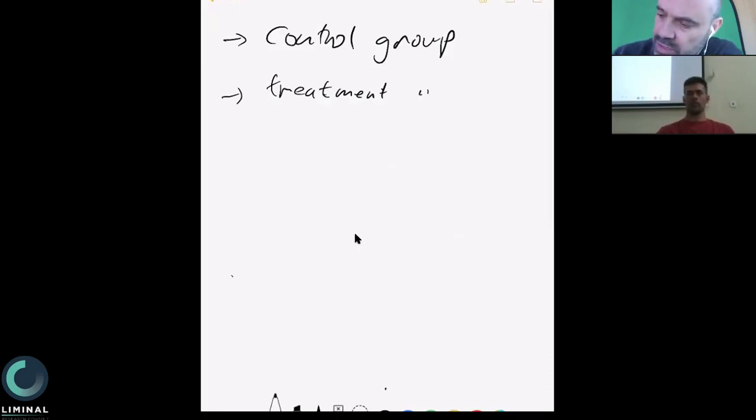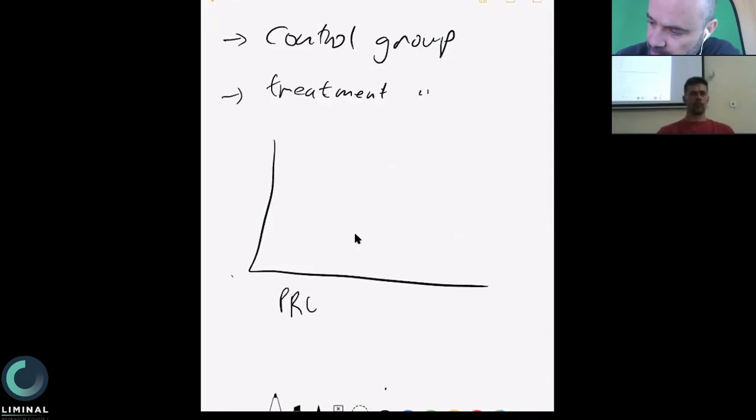Now, what you want to see is, if you look at the graph, you look at pre and you look at post, and there are the two groups. Say this is the control group and this is the treatment group. And then afterwards you test them again.